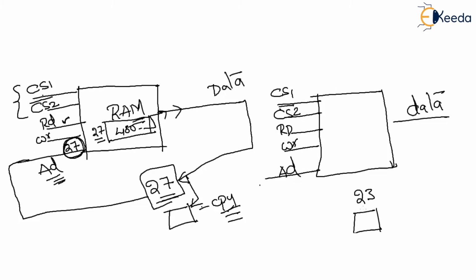Okay, so the CPU will send this address to the address bus, and the data that has to be written, let us say under the 23rd address the CPU wants to place some 528.